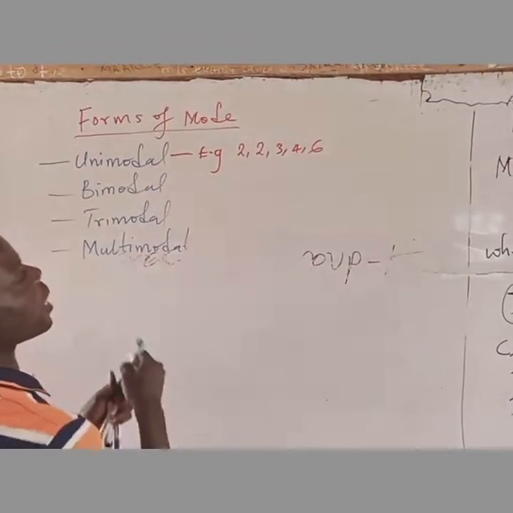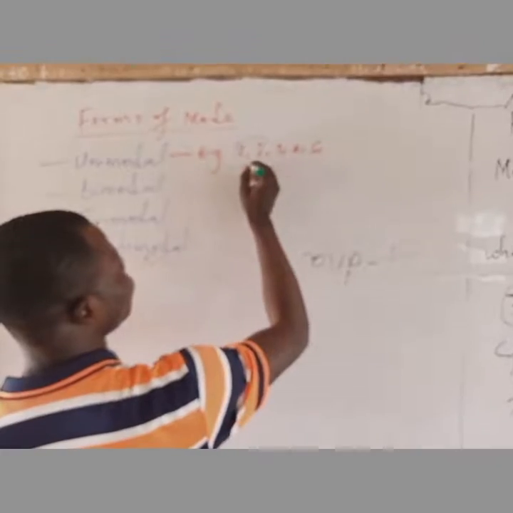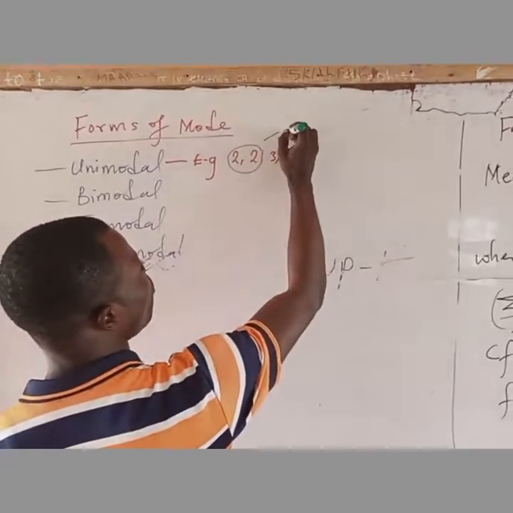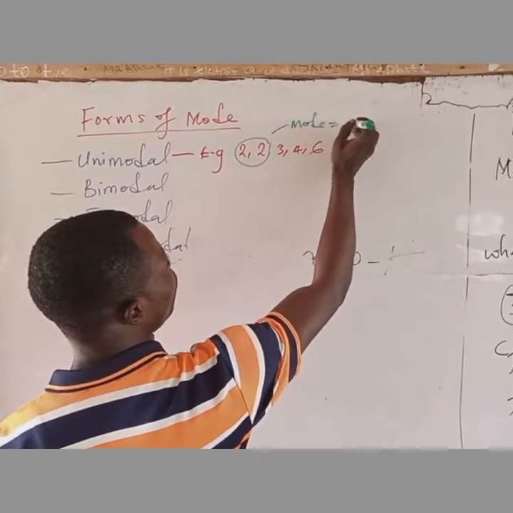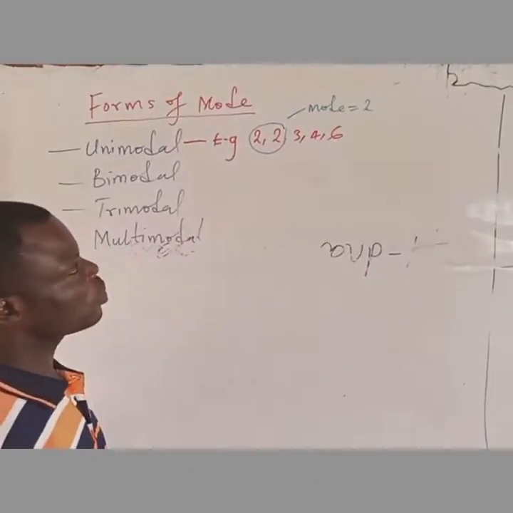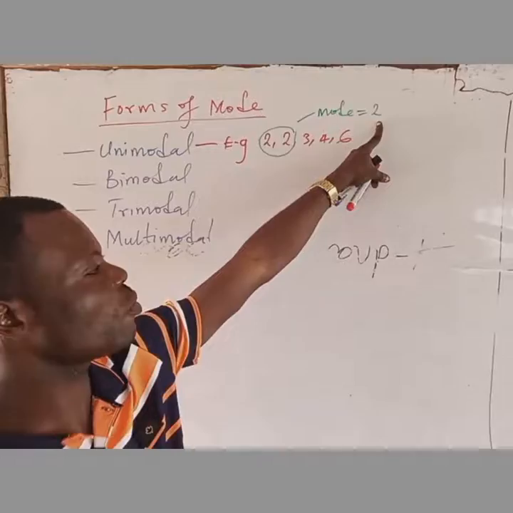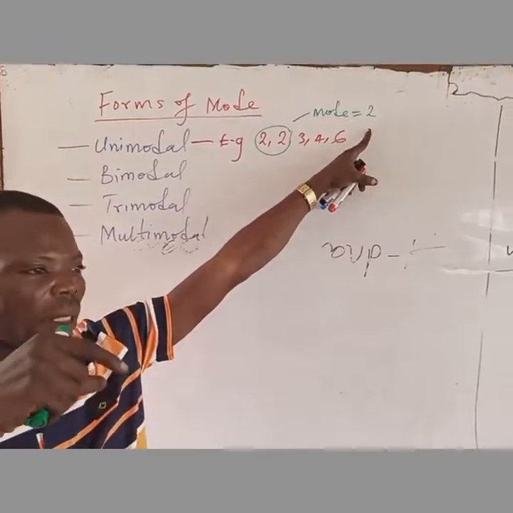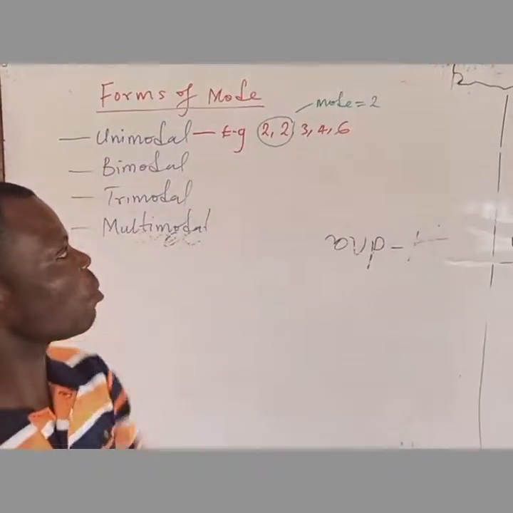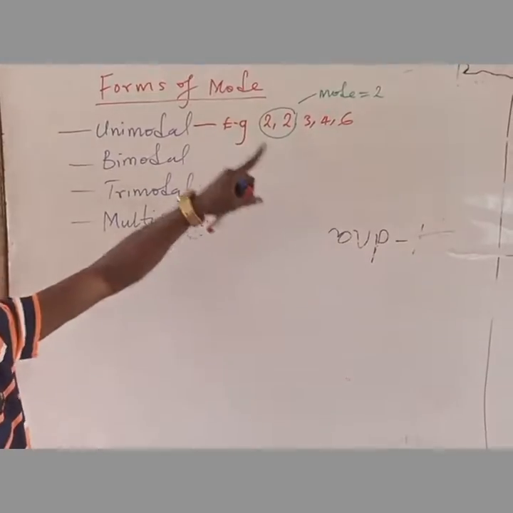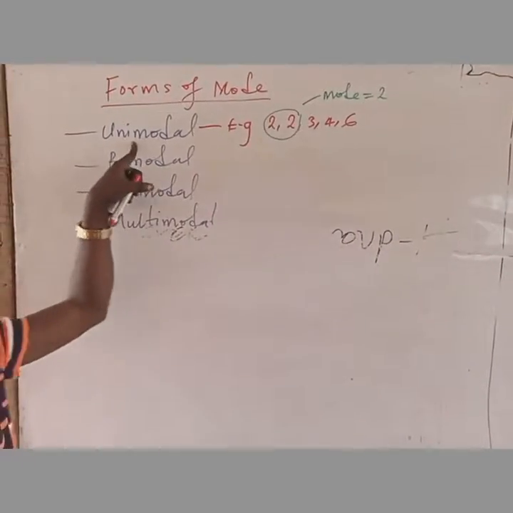So our mode here, 2 appears most. So mode is equal to 2. When you have a single mode, or single value that gives us the modal mark, we say it is unimodal.